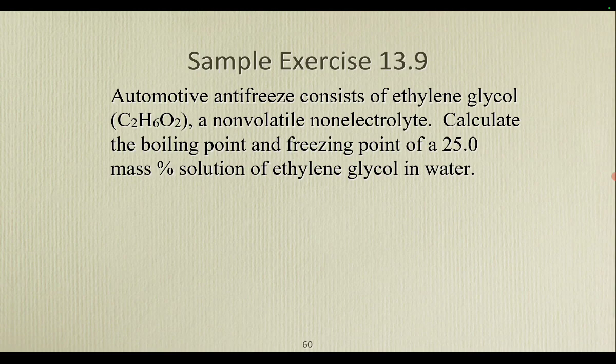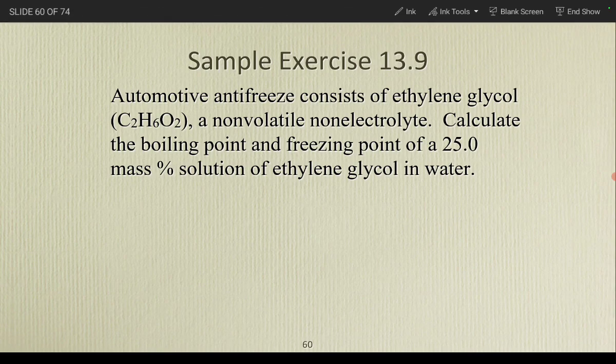We want to figure out the boiling point and the freezing point of this solution if it's 25% by mass of the ethylene glycol in water. And with this one, I'm going to start out the calculation here, and then I'll move to the next slide to finish it up. But similar to some of the questions we saw in the concentration portion of the chapter, if we've just got the percent mass of that solution, we can pick however much of a solution we want, and then just use the percentage on that value.